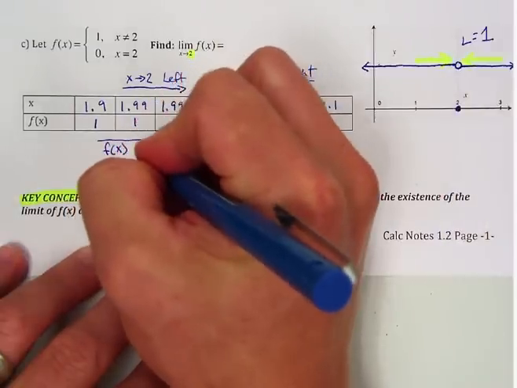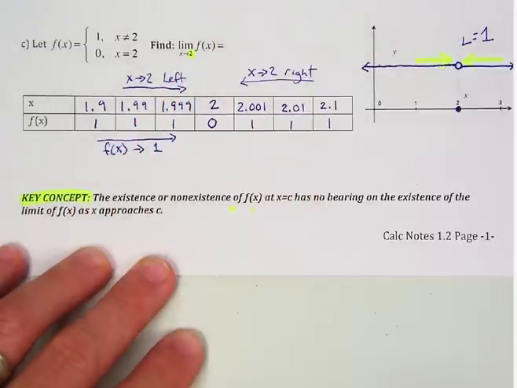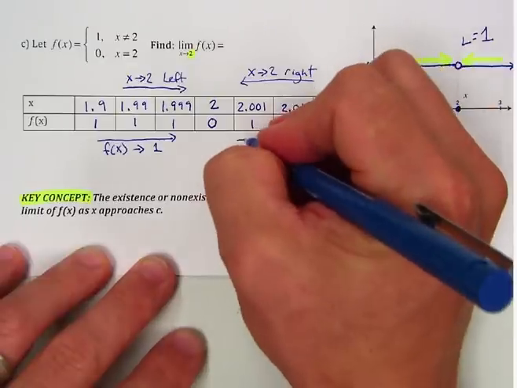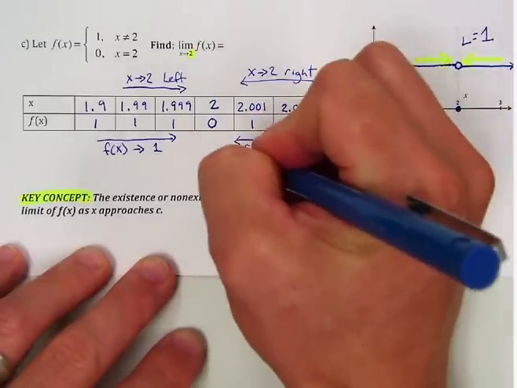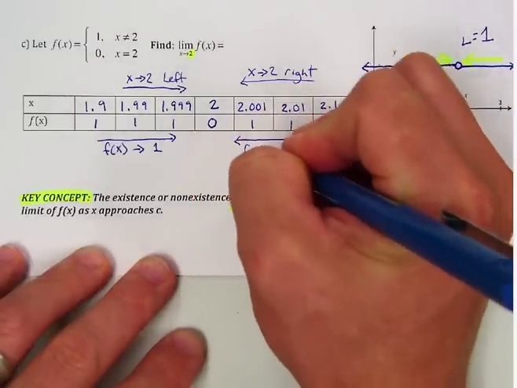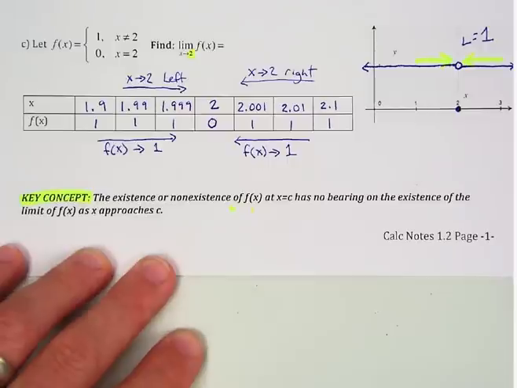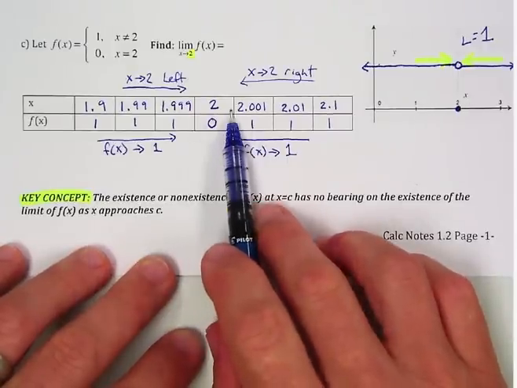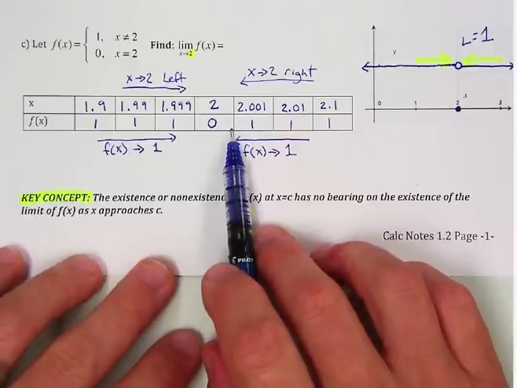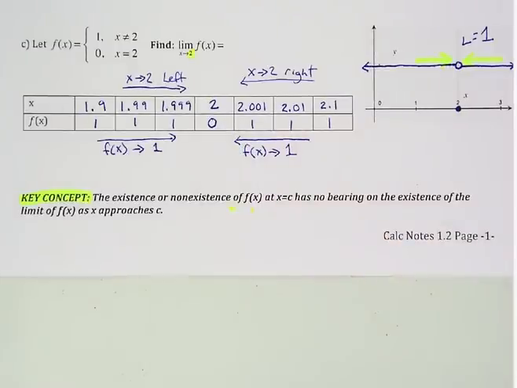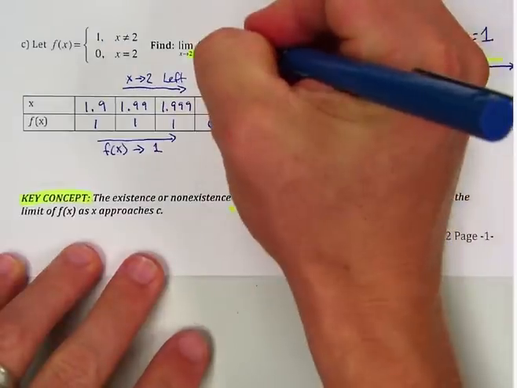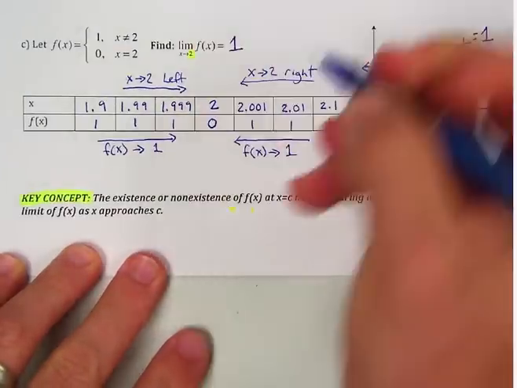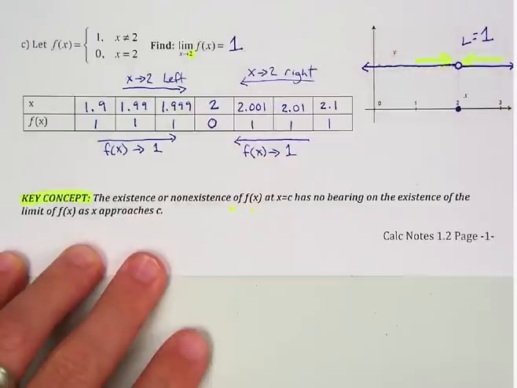Well, f of x is approaching 1 from the left, and then from the right, f of x is also approaching 1. Notice, even if we made an even smaller difference in here, 2.0001, we're still going to get 1. And so our limit here, as x approaches 2 of f of x, equals 1.